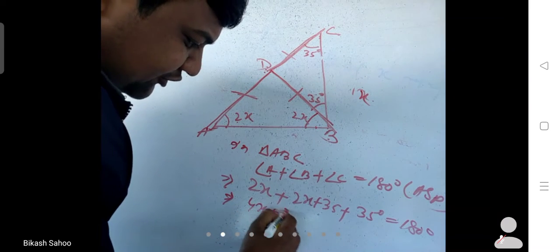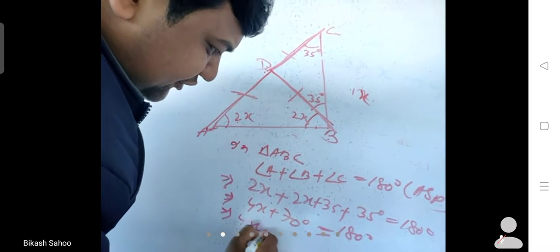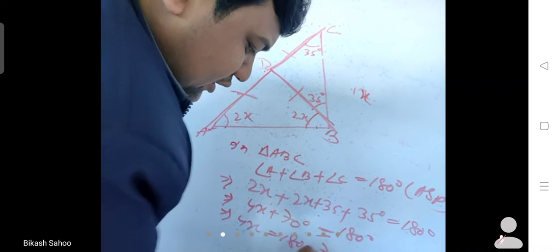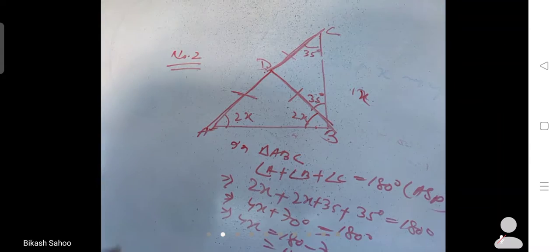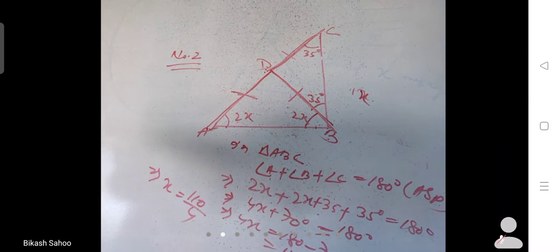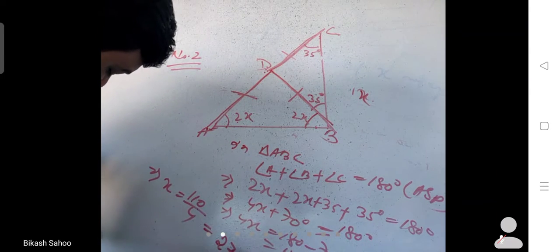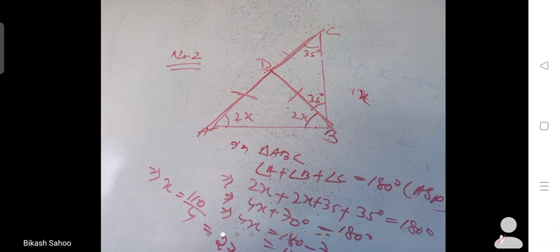Then 4x plus 70 degree is equal to 180 degree. 4x is equal to 180 minus 70, which is 110. Then x equal to 110 divided by 4, which is 27.5 degrees. So the measurement of x is 27.5 degree.